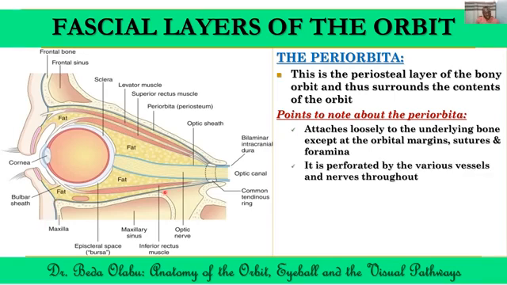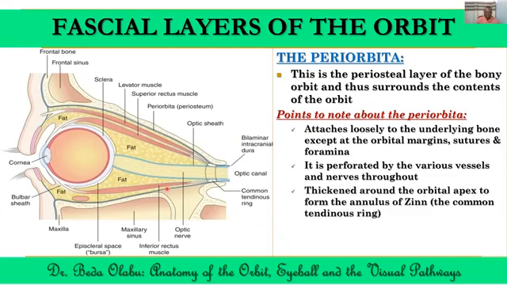The periorbita is also perforated by a number of neurovascular structures throughout. You would expect that if vessels and nerves need to pass into the orbit or from the orbit to other places, they have to go through the periorbita through various foramina. Now, the periorbita is thickened around the orbital apex.